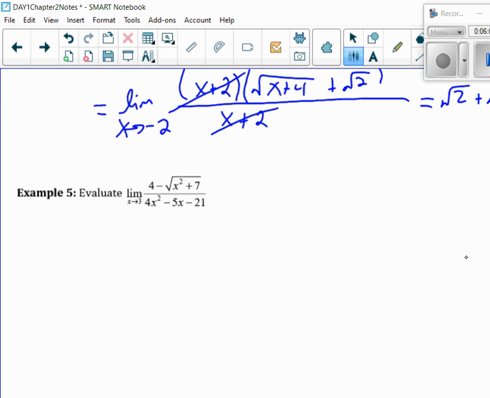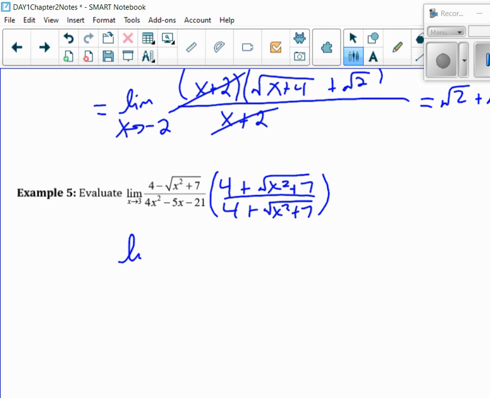What are we going to do? The conjugate here: 4 plus root x squared plus 7 over 4 plus root x squared plus 7. Remember, we're only going to multiply the one that has the conjugate. The rest I'm going to leave alone. So then 4 times 4 is 16 minus, the outer and the inner will cancel. And watch this.